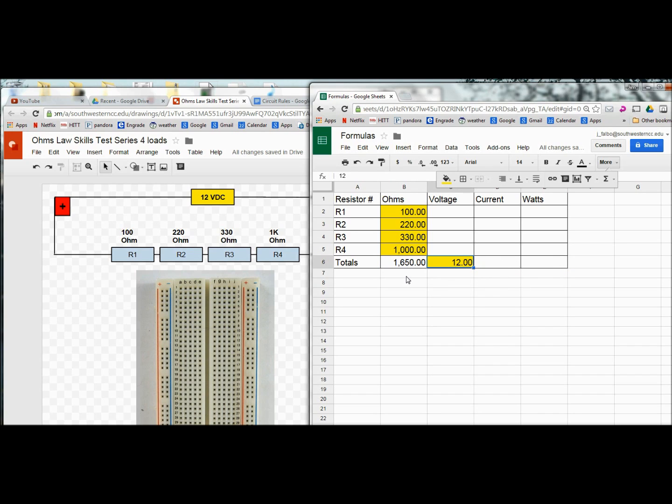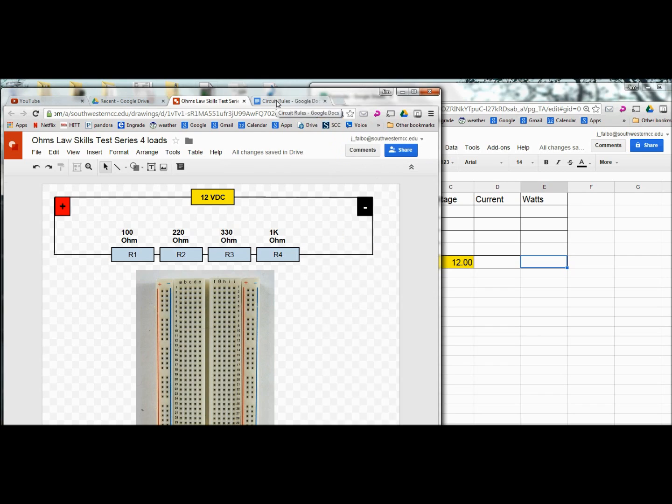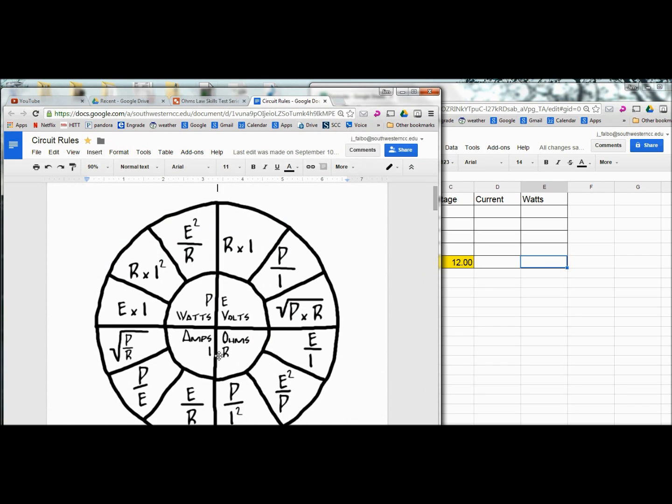So just for the heck of it, in this situation, instead of using the easy formula E over R equals I, let's figure out what our wattage is, knowing our voltage and ohms. So I'm going to come over here to our circuit rules. So I want to solve for wattage. Okay, so there's three different ways to solve.